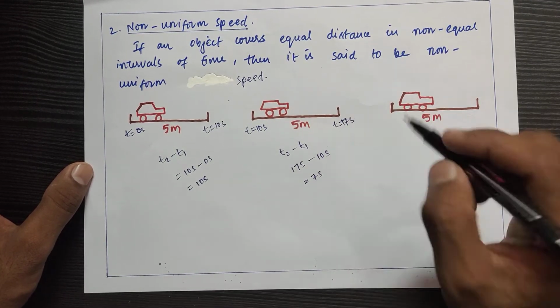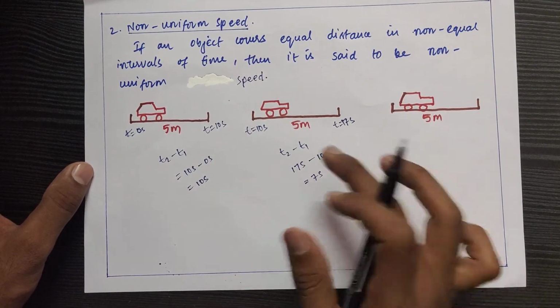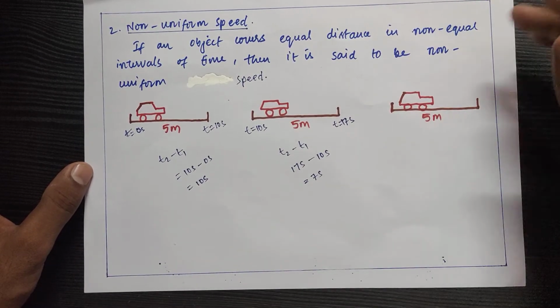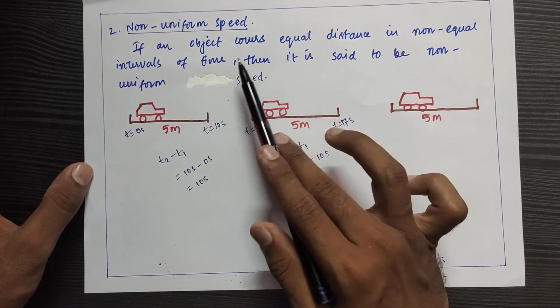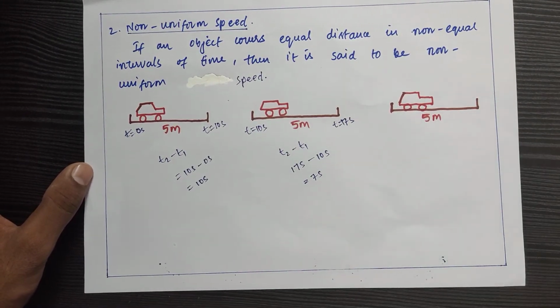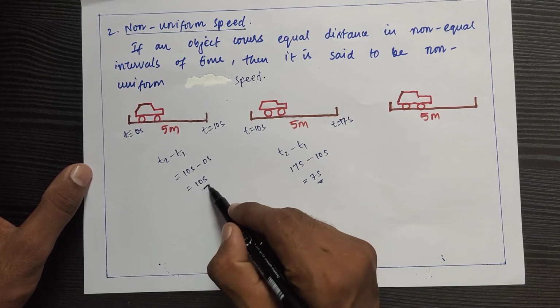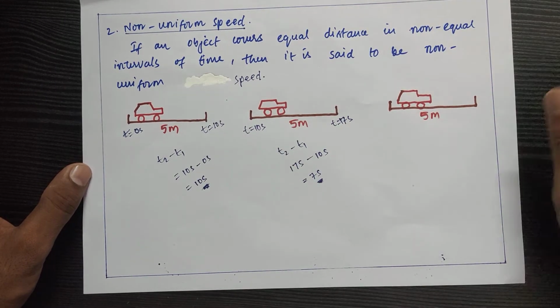In the second case, it takes less time, so the time interval is not the same. So this is non-uniform speed, as the definition says: if an object covers equal distance in non-equal intervals of time. These are the intervals of time, 10 seconds and 7 seconds. This is called non-uniform speed.